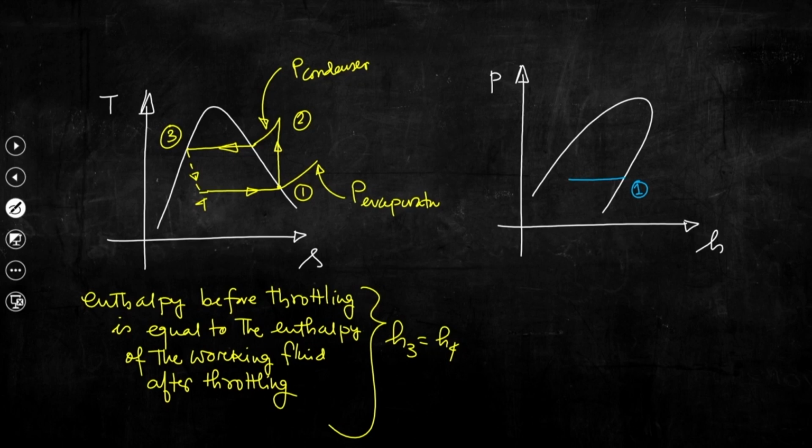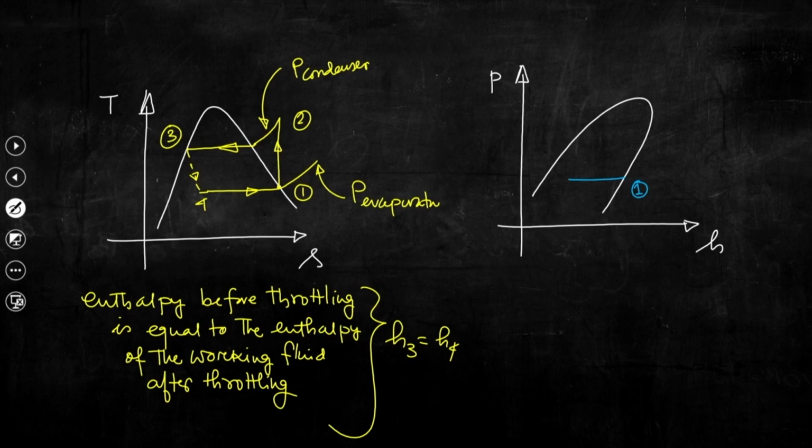We really do not know where point 4 would be, but we can understand from this TS plane that point 4, at the inlet of the evaporator, is not the saturated liquid. So, it is a 2 phase mixture.